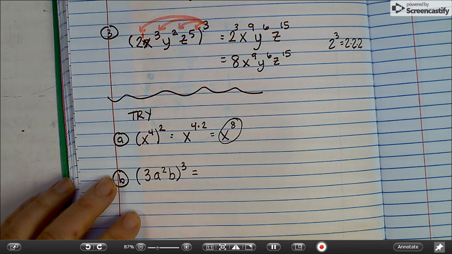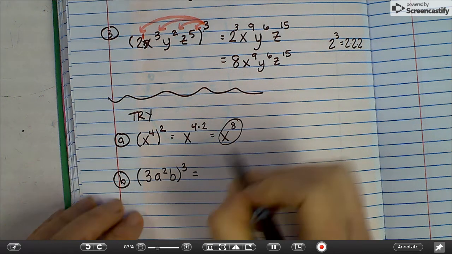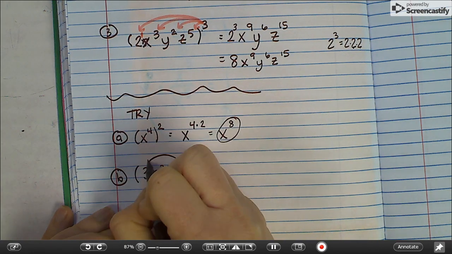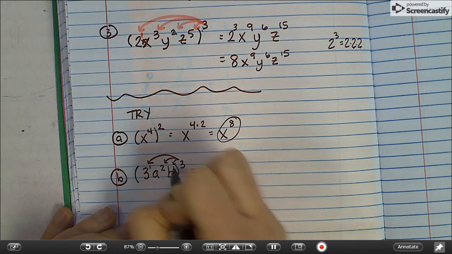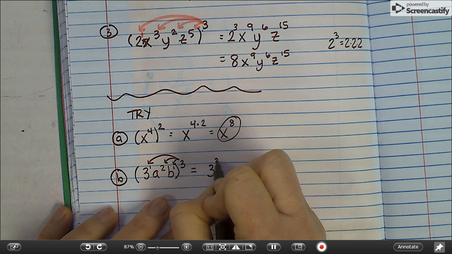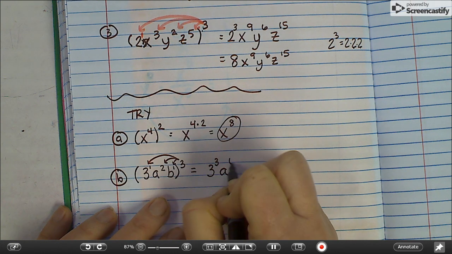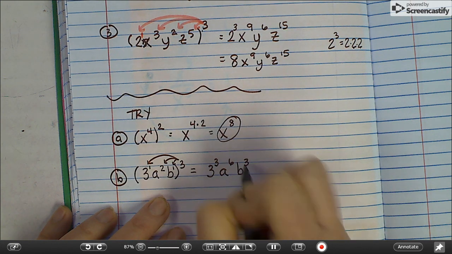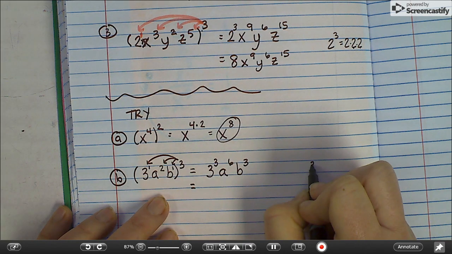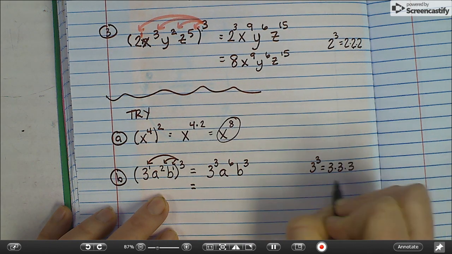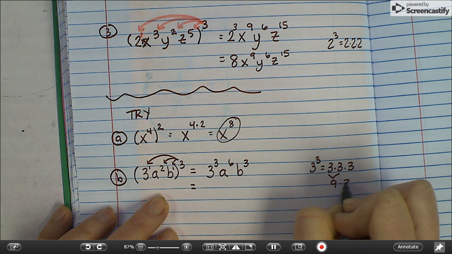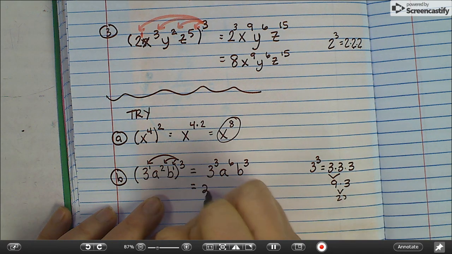Okay, pause. Hopefully you've already finished the problem and you're just back here checking your answer. Again, 3 cubed means 3 times 3 times 3, which is 27.